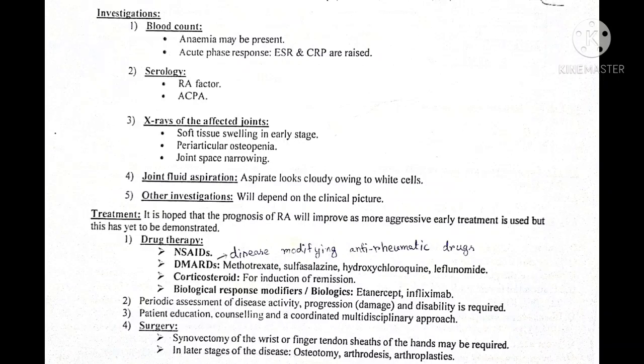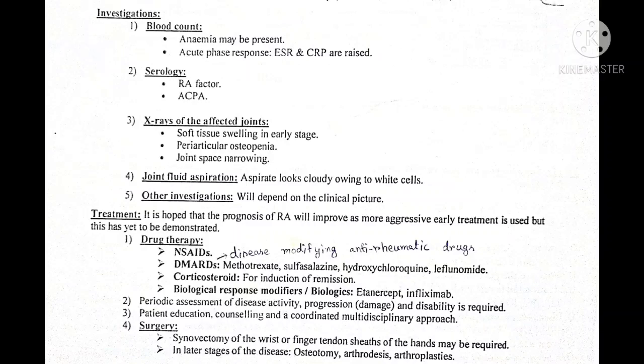Biological response modifiers or biologics such as etanercept, infliximab are used. Then periodic assessment of disease activity, progression or damage, and disability is required. Patient education, counseling, and a coordinated multidisciplinary approach is needed.